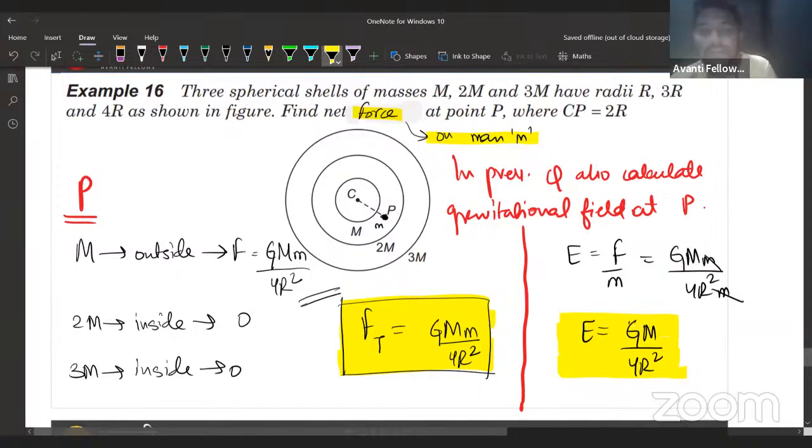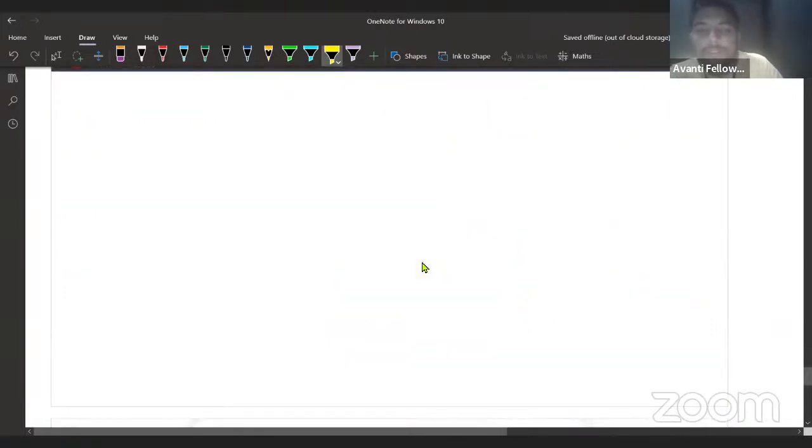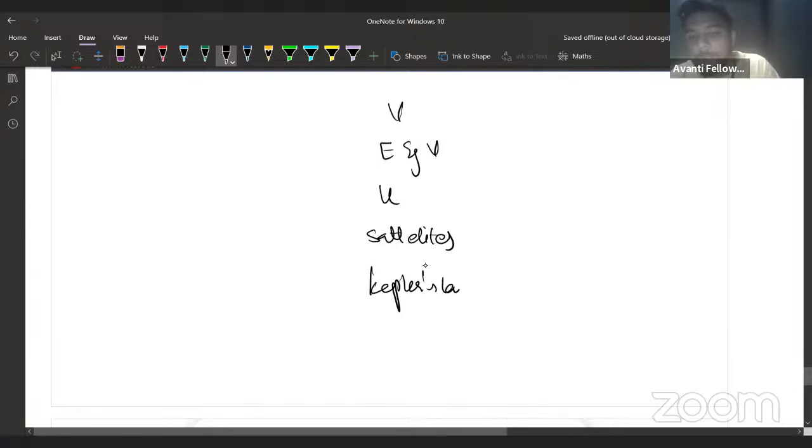Let me give you an idea of what else in this chapter remains: potential, denoted by V, the relation between E and V, potential energy U. Also satellites, which is pretty interesting, to be honest. When I was in class 11th, I was a fan of that topic. And at last, Kepler's law. So these are the topics we are going to discuss in the upcoming classes.